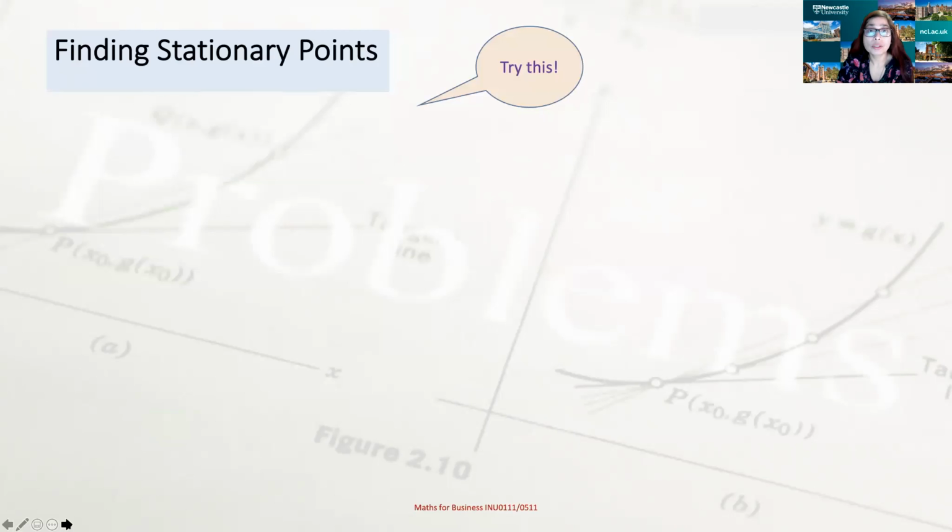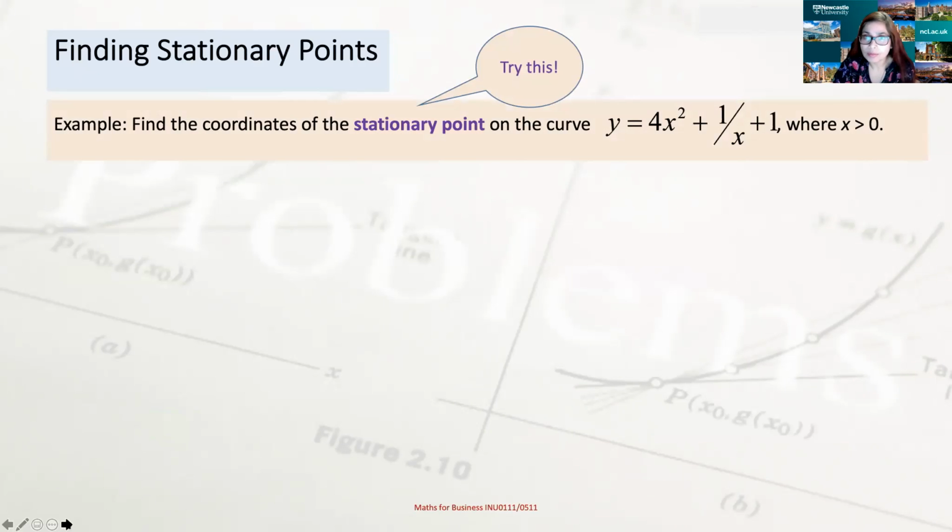Now I want you to pause the video and try this problem. Very good. So what did you do? You first differentiated the function. So 2 times 4 is 8, 8x. Before this, please write this in the form a x to the power of n, which makes it easy for you.